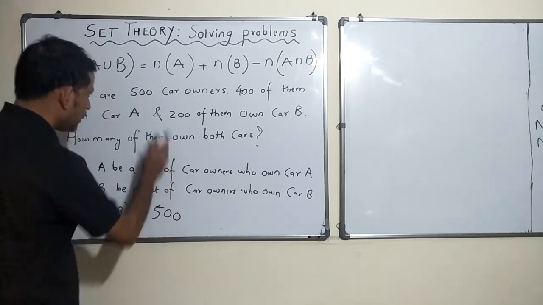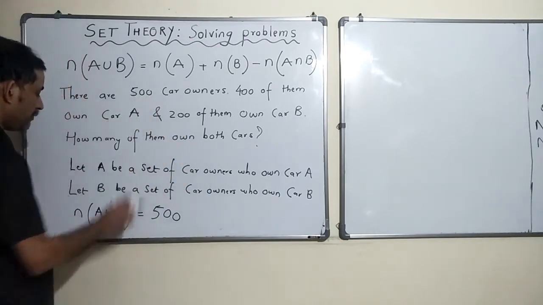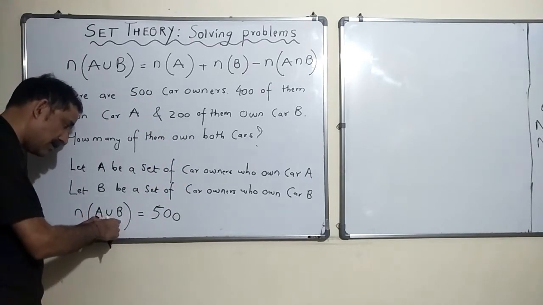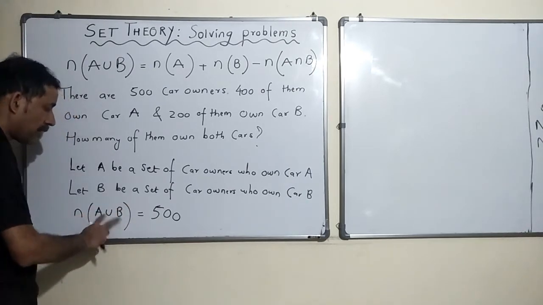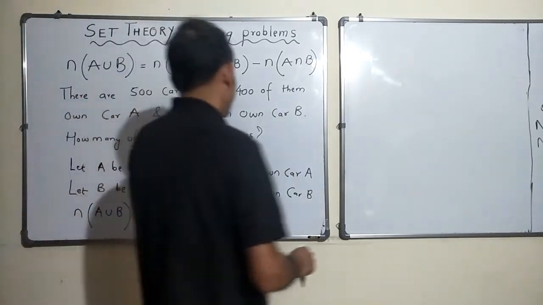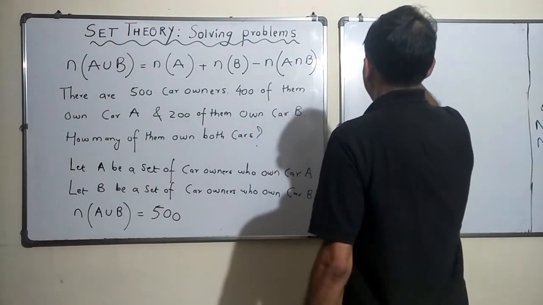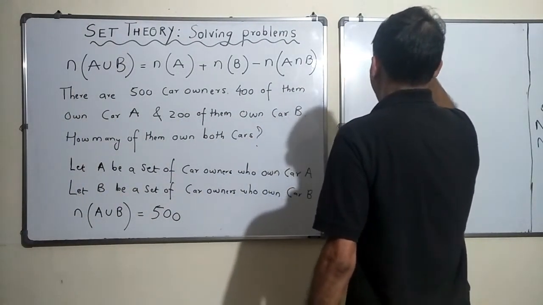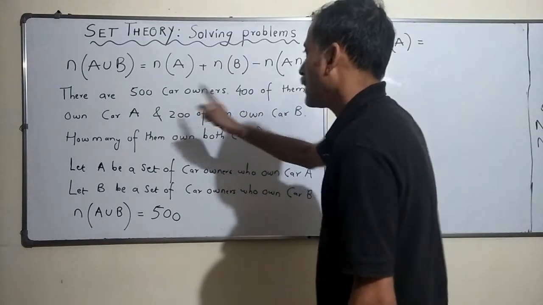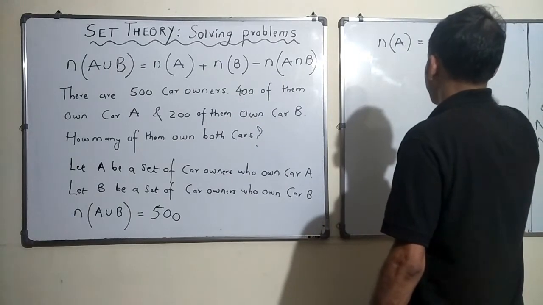So 500 car owners are there. So these 500 people either are owners of car B or are owners of car A or are owners of both car A and B, right? So this is 500. Number of owners of car A is how much? 400 of them own car A. So this is 400.